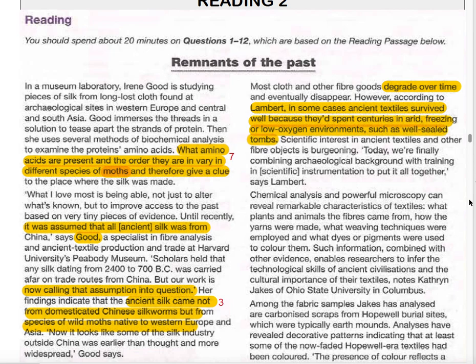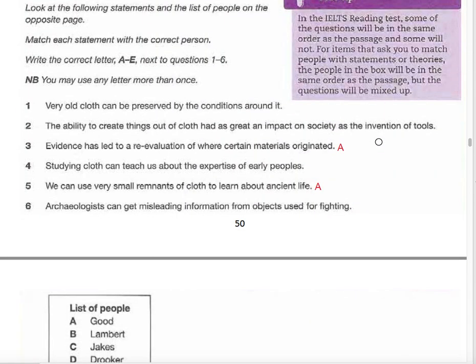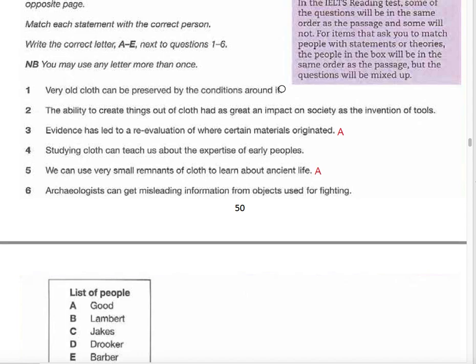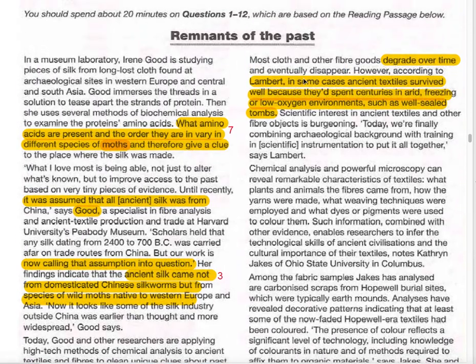Okay. There you go. So the environment can have an effect on whether the material remains in good condition over time. That reminds me of a question. Which one was it? Very old cloth can be preserved by the conditions around it. Survived, can be preserved, survived.